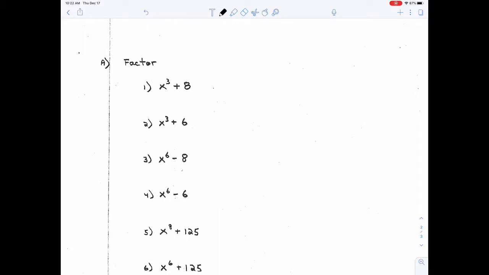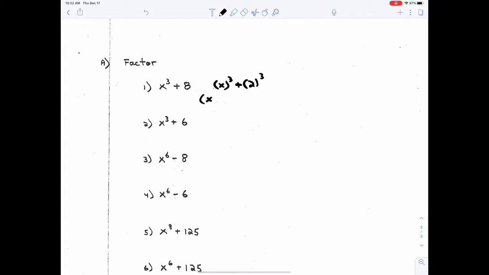All right, so let's take a look at number 1. There's no greatest common factor, no difference of 2 squares or trinomial. This is perfect cubes. So it's x cubed plus 2 cubed. Whenever I say the first one, I'm talking about x, and whenever I say the second one, I'm talking about 2.